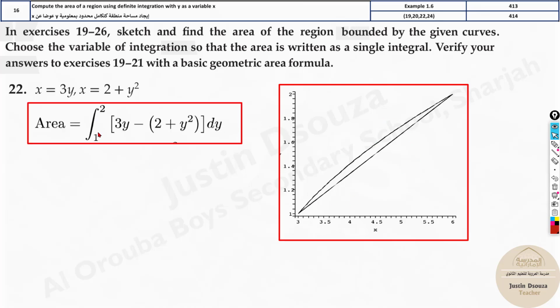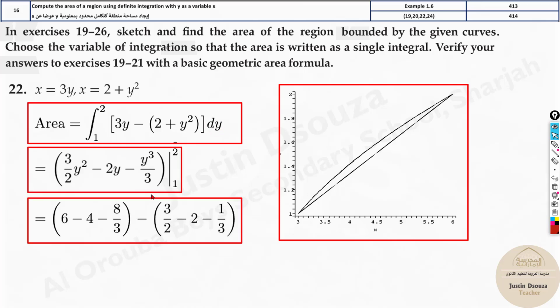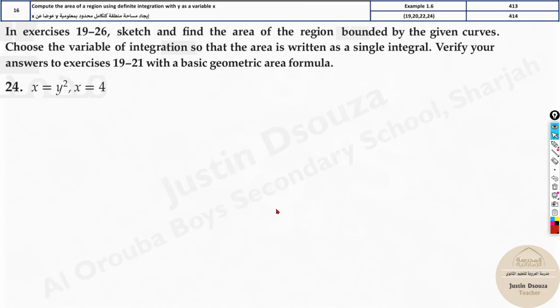So here, this is 3y and the left side is 2 plus y squared. Always remember to convert. Here it's given as x is equal to 2 plus y squared easily, but otherwise if it was given as y squared something, convert it to x is equal to and then use it in the formula. For this 16th question, the formula will be the same. It's all with respect to y as variable instead of x. So always remember it will be dy over here. And this is how we solve it up.